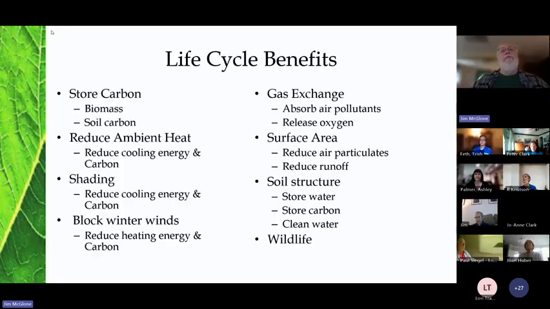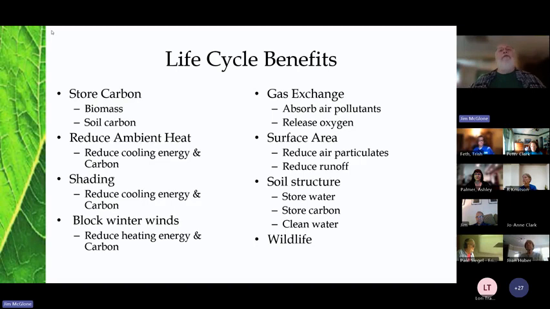Before we get into specifically native trees, let's talk about some of the general benefits of trees. And I divide tree benefits into two sections. One is the life cycle benefits. These are things that trees do as they photosynthesize, as they process sugars and go through their life.